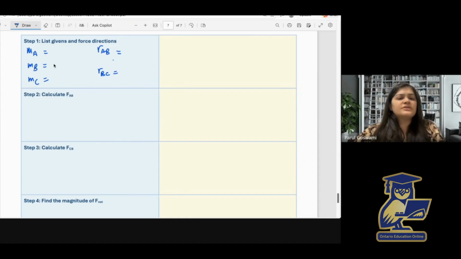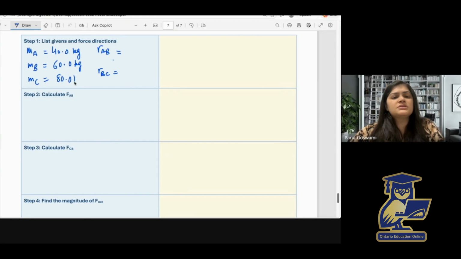So mass of A is 40.0 kgs, mass of B is 60.0 kgs, mass of C is 80.0 kgs, and R_AB is 0.50 meters, and R_BC is 0.75 meter.